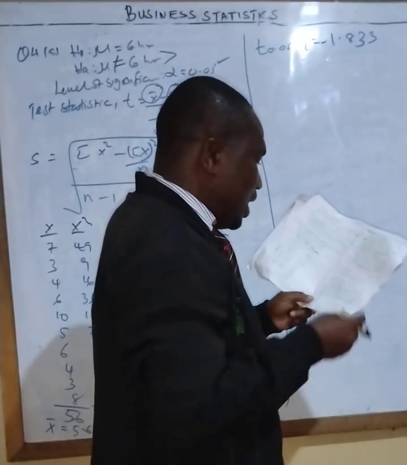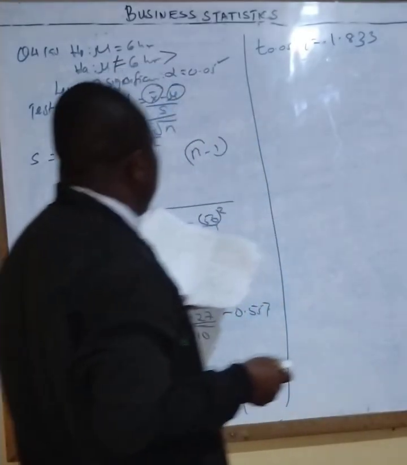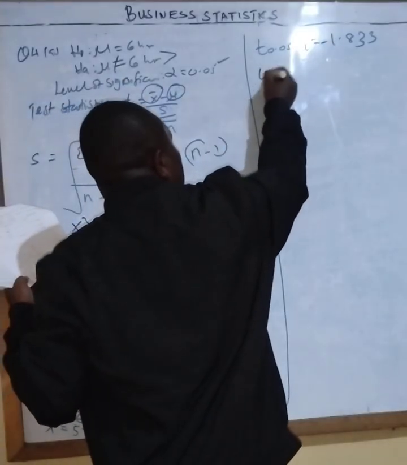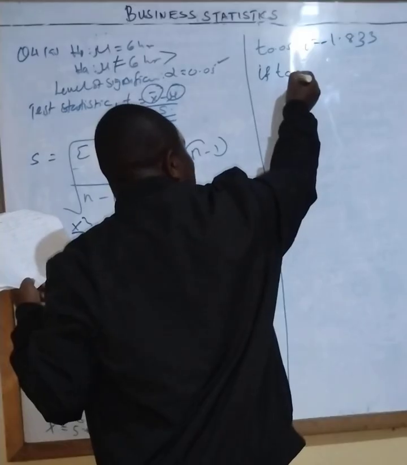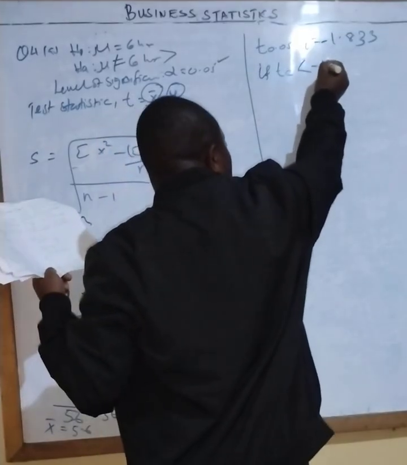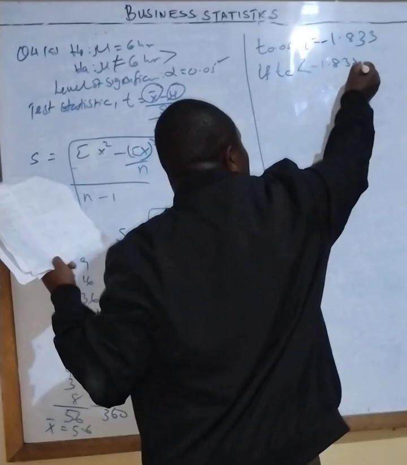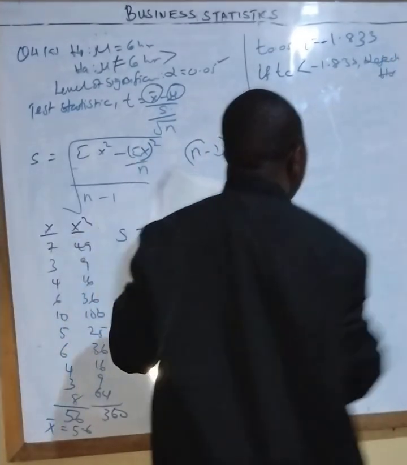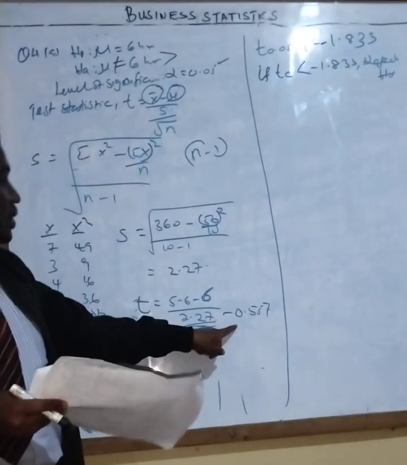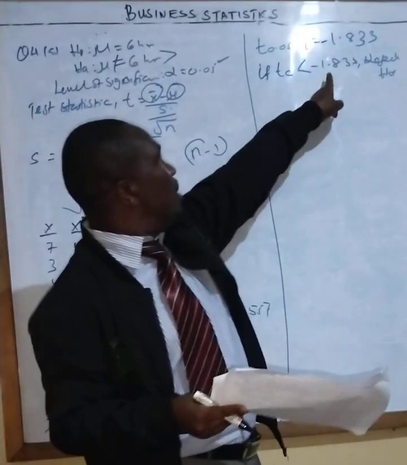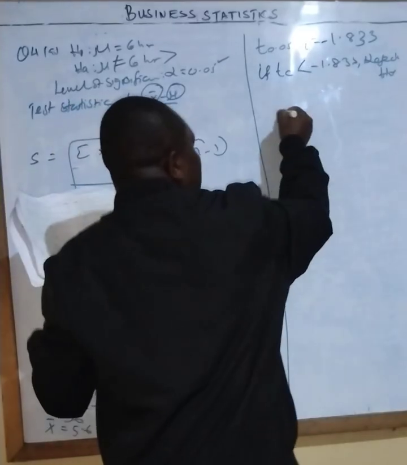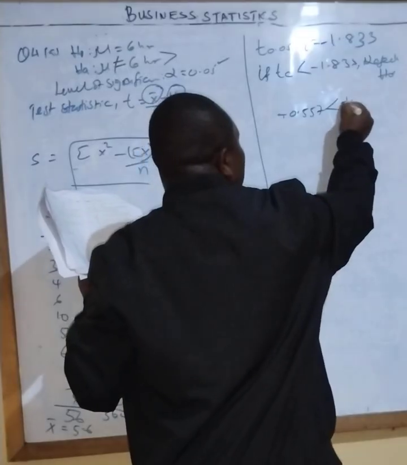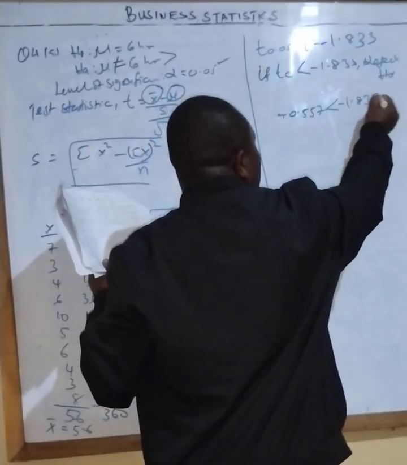Now, once you look at that carefully, class, it is less than. So you can say, if t calculated is less than negative 1.833, reject. Reject what? The null hypothesis. Check now. Is negative 0.557 less than negative 1.833?